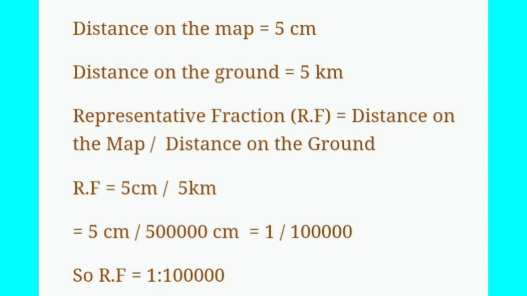Representative fraction, RF is equal to distance on the map over distance on the ground. RF is equal to 5 cm by 5 km, equal to 5 cm by 5 lakh centimeters, then 1 by 1 lakh. So RF is equal to 1 is to 1 lakh.